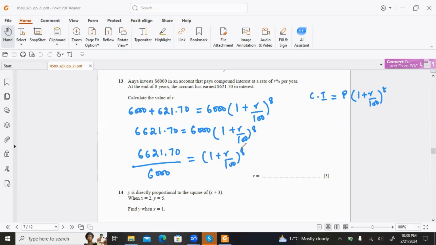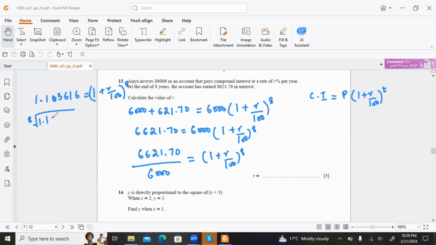First we divide 6,621.70 by 6,000, which gives us 1.10361 equals 1 plus R over 100 to the power of 8. And I'm going to raise this to the power of 1 over 8 too.